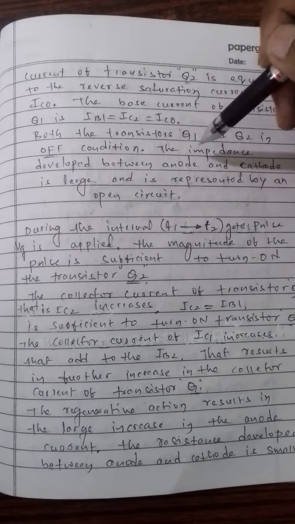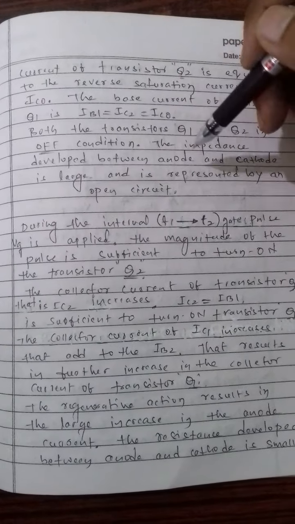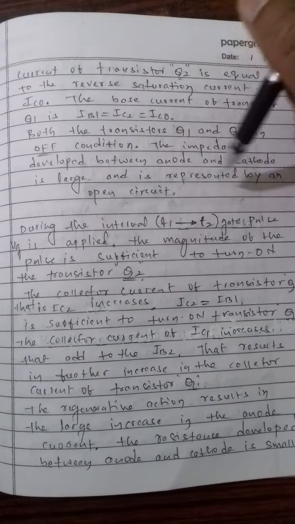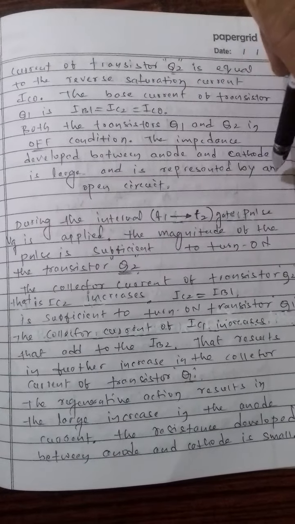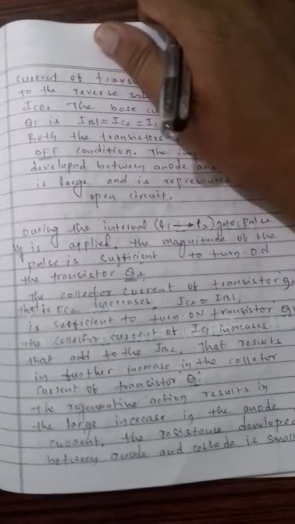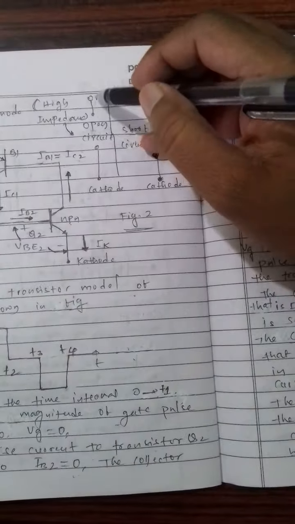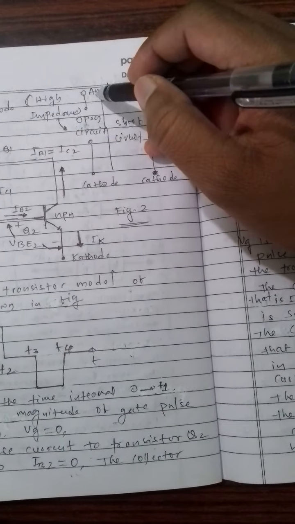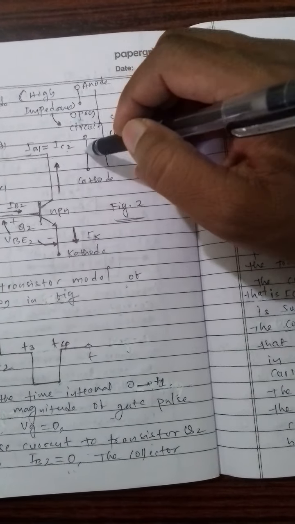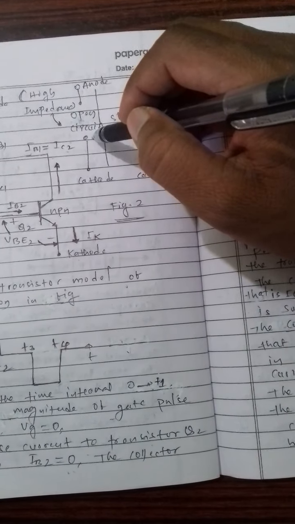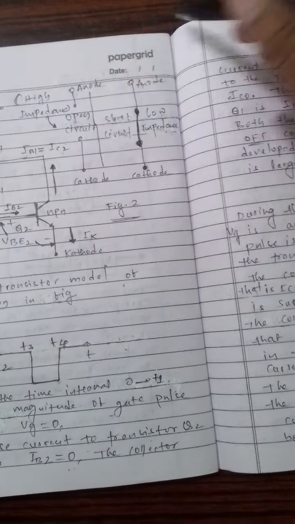Both transistors Q1 and Q2 are in the off condition. The impedance between the anode and the cathode is large and is represented by an open circuit, because it is a high impedance.